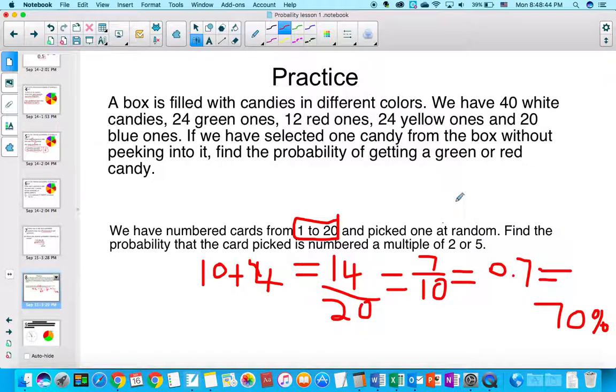So that's how you'd solve a basic probability question. You find out what the question is asking you. In this one, it's multiples of 2 or 5, picking cards from 1 to 20.